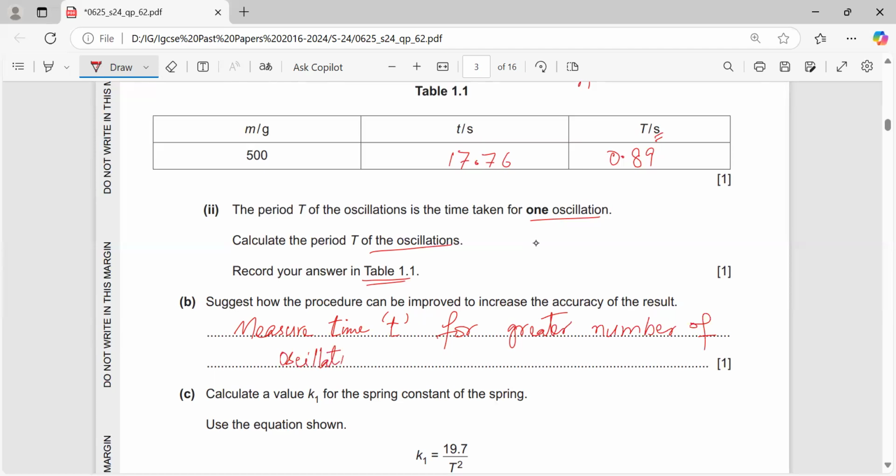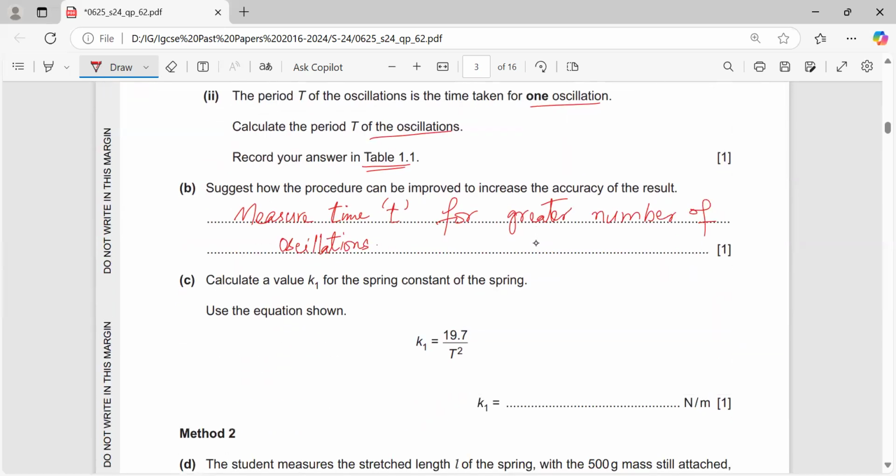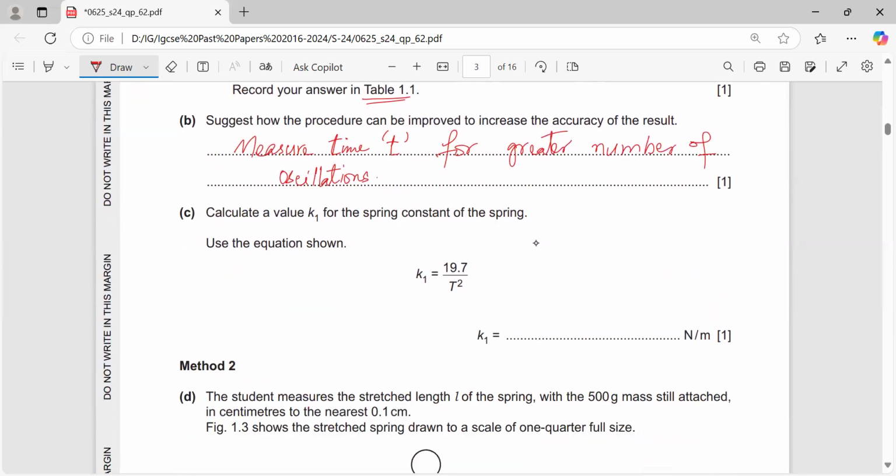Before you did it for 20, you can now do it for 25, 30, 35, up to 50. That is workable, no problem, but it will be time consuming at the same time. Anybody having any problem at any moment, feel free, you can ask me.